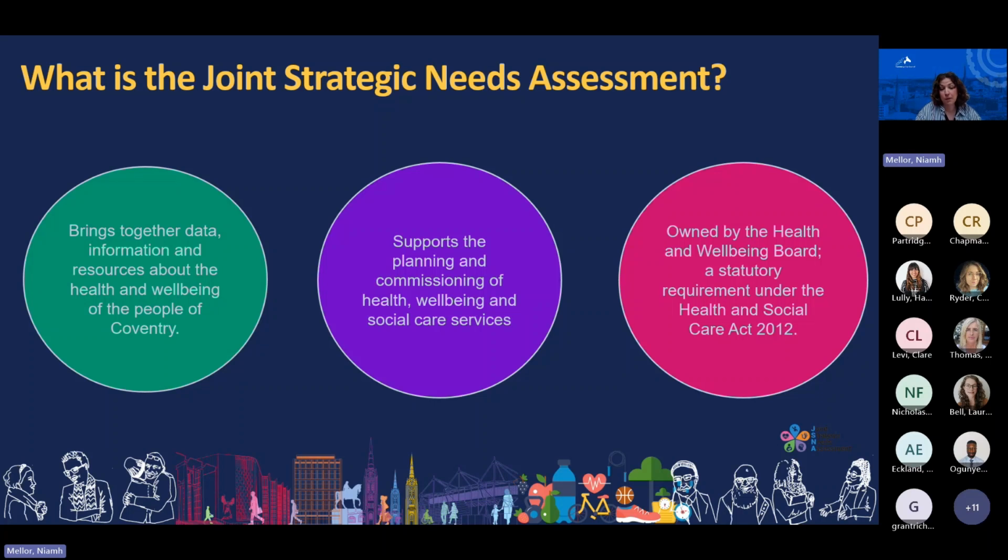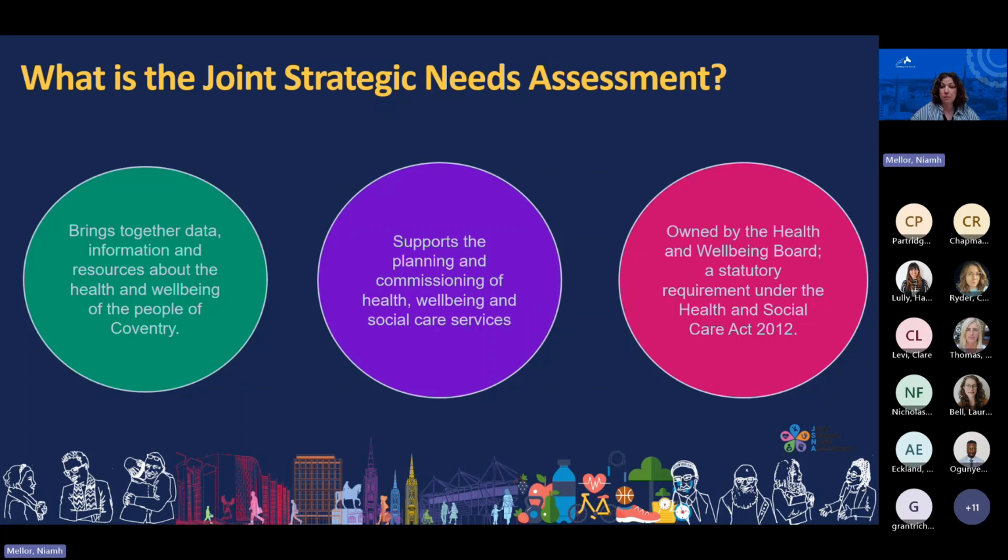They're owned by the Health and Wellbeing Board and they are a statutory obligation, so we must produce a JSNA every 3 years. This is great because the Health and Wellbeing Board is made up of lots of different partners, so it's not just a local authority document, it's been influenced by lots of different people. However, both positive and negative, there is no one way to do JSNAs.